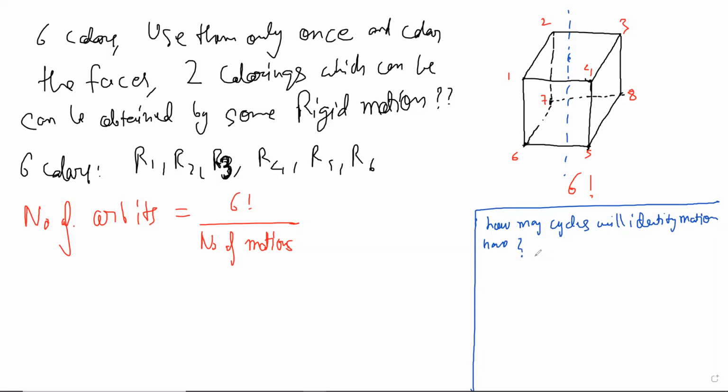This is a very silly question. The identity motion is really not doing anything to the faces, right? So it will have 6 cycles, because every face is a cycle on its own. So 6 cycles, each of size 1, of course. That's implied from there. This is good.